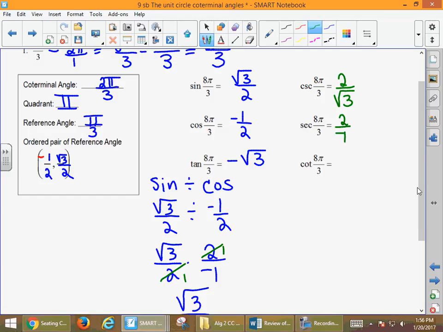No, you don't have to write 2 divided by -1. Perfectly fine to write -2. In fact, we don't really like having a negative in the denominator. We don't really like having a radical in the denominator, so we're going to have to deal with a couple things. But cotangent of 8 pi over 3, cotangent is the reciprocal of tangent, so this becomes 1 divided by negative the square root of 3.